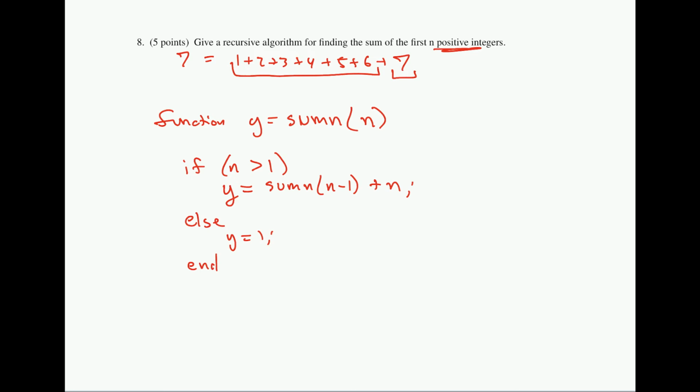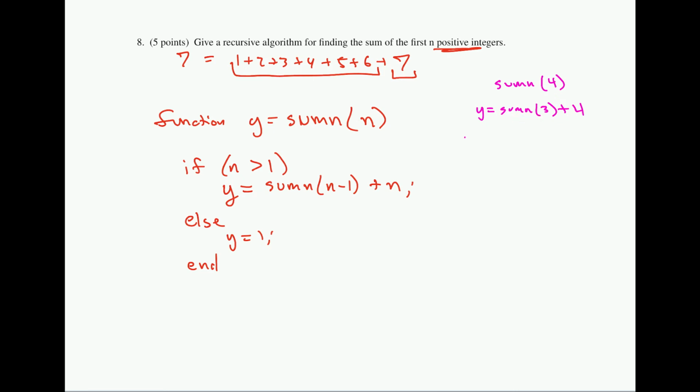Because the way it works is if you called this, for example, sum n like 4, what would happen is it would check if n is greater than 1, which it is. And then it would say that y is sum n minus 1, which is 3, plus 4. But then what is sum n 3?